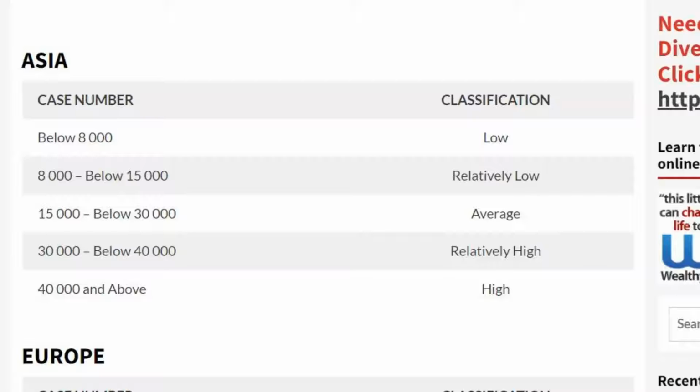If it is from 15,000 to below 30,000, that can be considered an average case number. If it is from 30,000 to below 40,000, that can be considered as a relatively high case number. And if it is 40,000 and above, it can be considered as a high case number in the DV 2024 program.